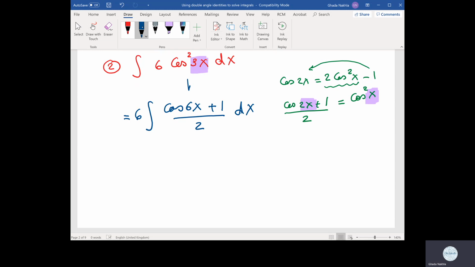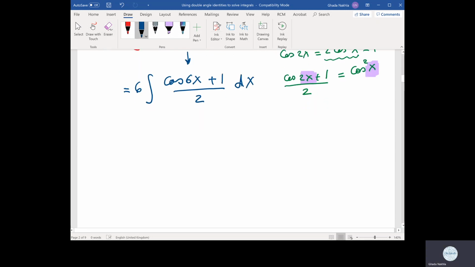And the reason why I doubled, because if you look at this identity here, after manipulating it, it becomes double the angle. So I have doubled the value of x, which in this case is 3x.